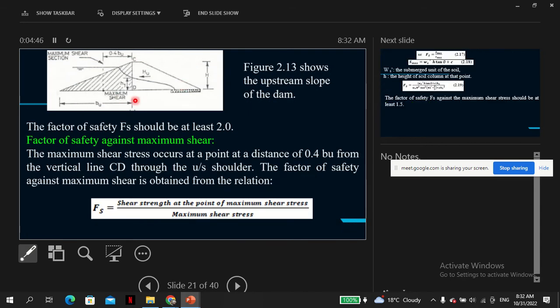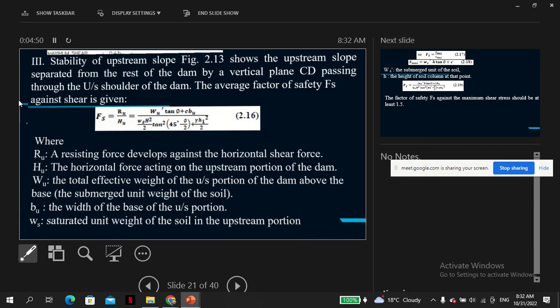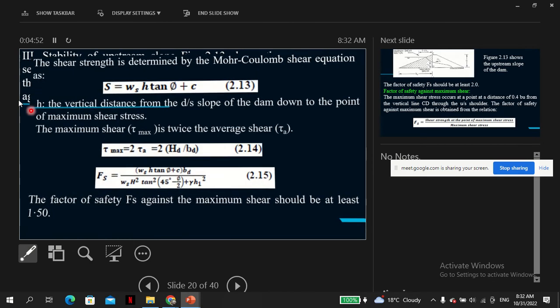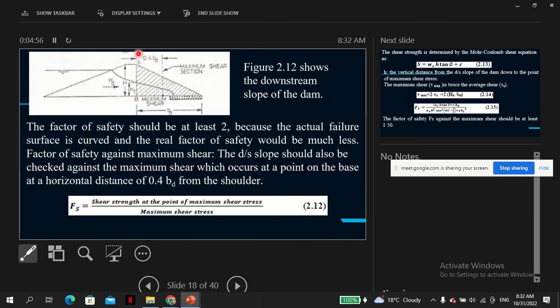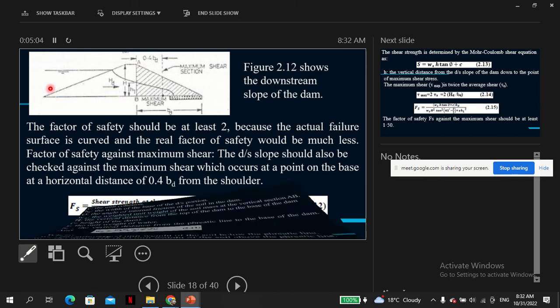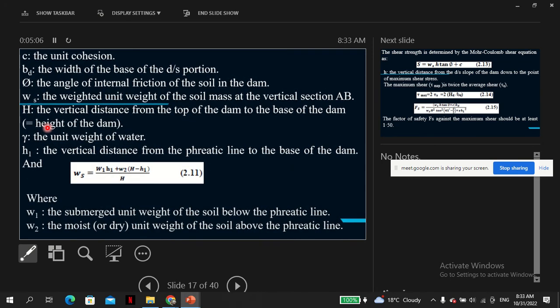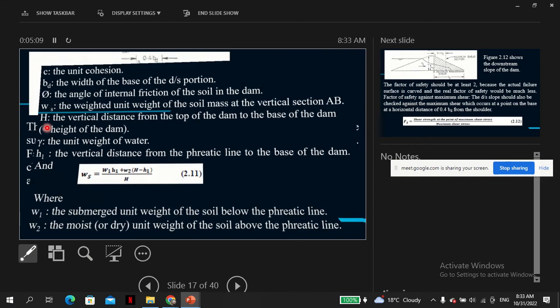So this is what we are considering, the stability of this portion up there.